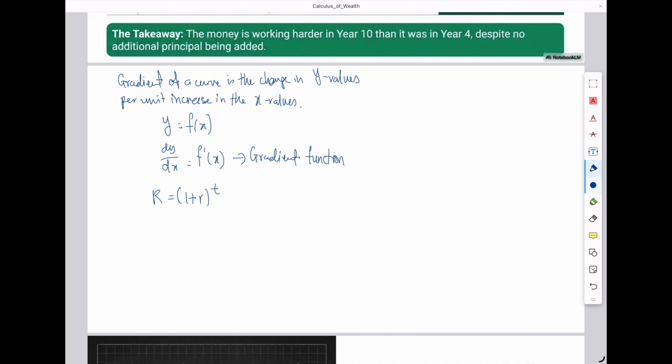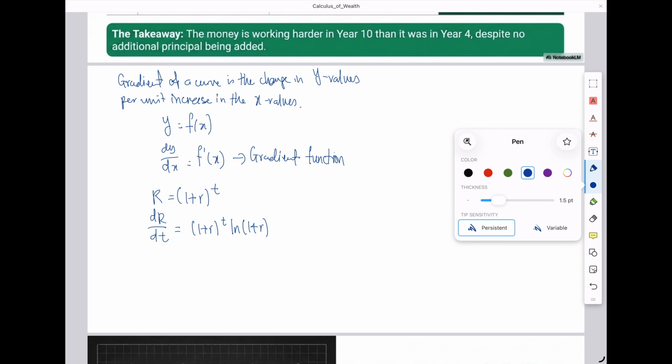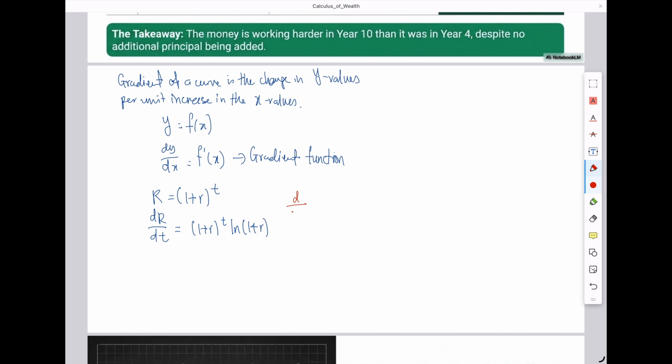So I can do dR/dt. Now, this is an exponential function, so when I differentiate it, it is (1 plus r) power t multiplied by ln(1 plus r). The differentiation rule that we use is d/dx of a power x equals a power x times ln a.